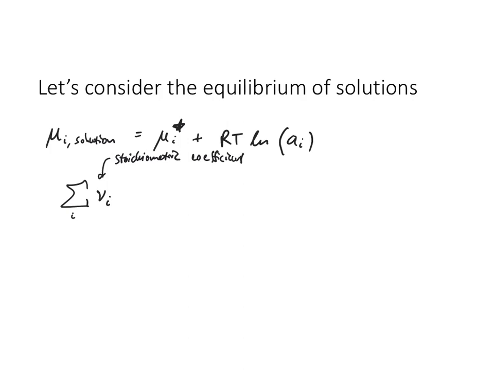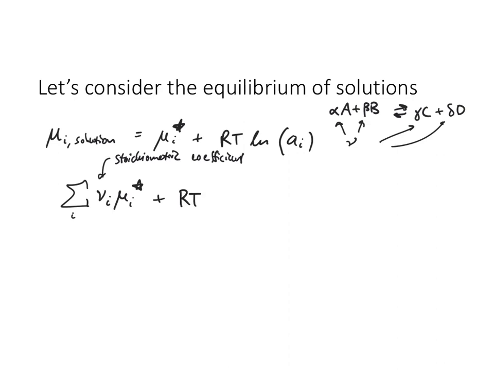So if we have a reaction of the type alpha A plus beta B in equilibrium with gamma C and delta D, each of these are the nu symbols, alpha, beta, gamma, delta, multiplied times the chemical potential of that particular component in the pure state, plus RT times the sum over all the components, the stoichiometric coefficient, the log of that activity.